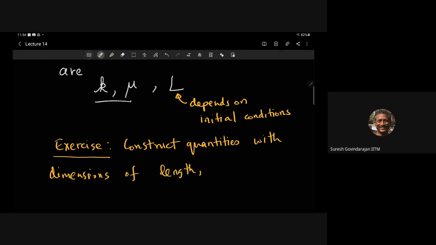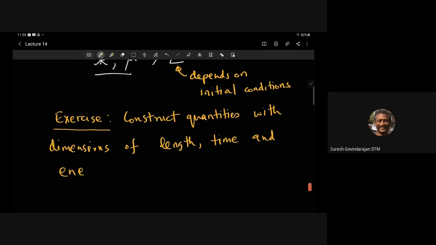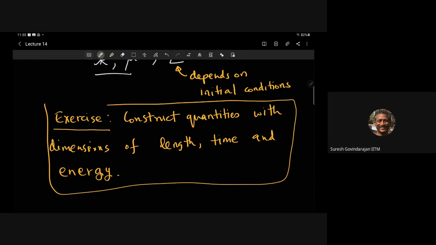So you're supposed to take combinations, K power a, mu power b, L power c, such that you get length, time, and energy. Okay, please do this before tomorrow. It will take you exactly 5 minutes, probably 10 minutes to get started.